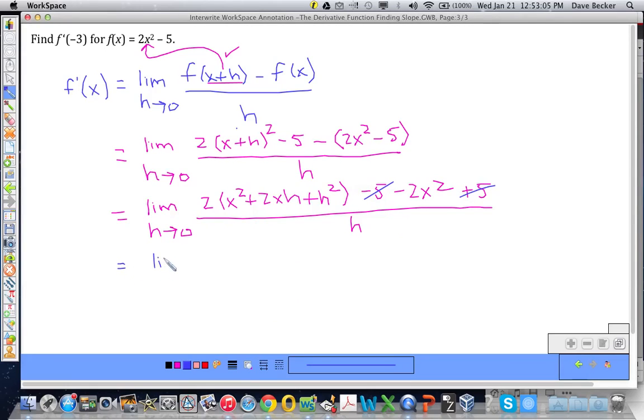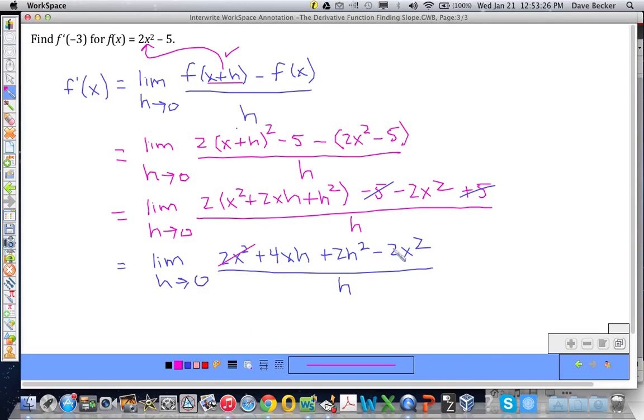So now we're going to do a little bit more algebra and distribute the 2 through here, so that would be 2x squared plus 4xh plus 2h squared minus 2x squared all over h. Again, 2x squared minus 2x squared cancels out. So that equals the limit as h approaches 0.